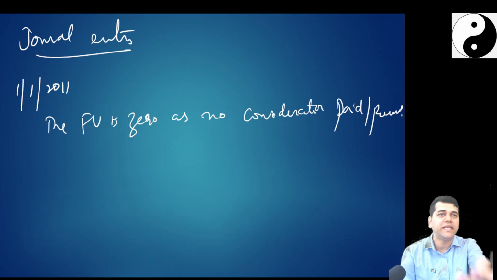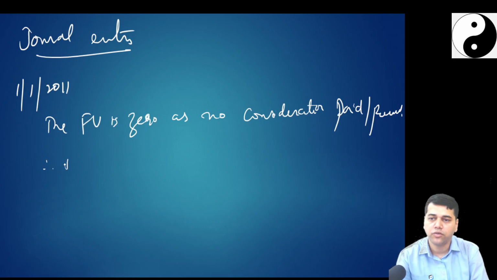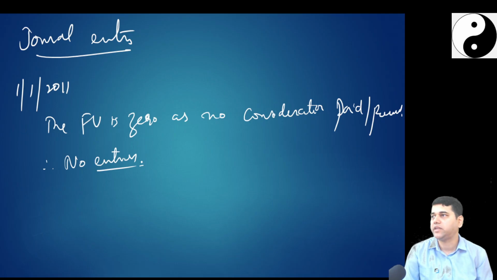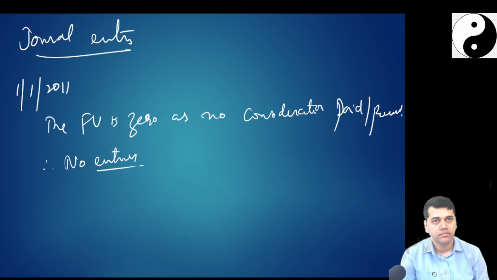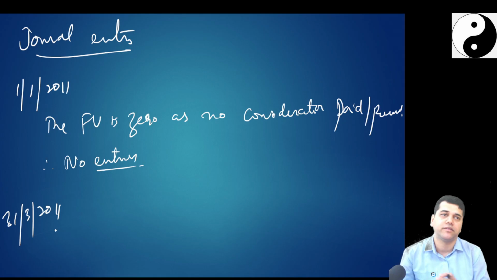Since you didn't pay anything, you didn't receive anything, the fair value is 0. Therefore, no entries. On this day, you don't pass any accounting entry. Are you clear? Perfect. Now you have to tell me on 31st March 2011 what accounting entry I'll pass.